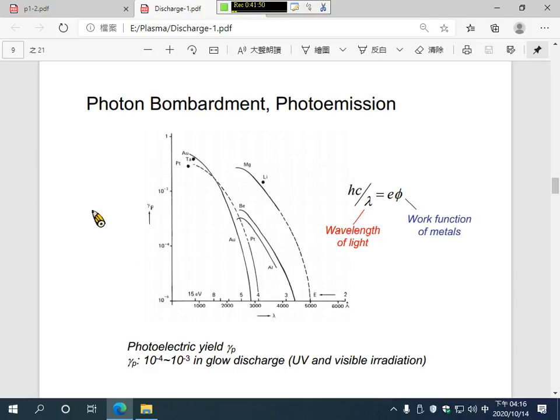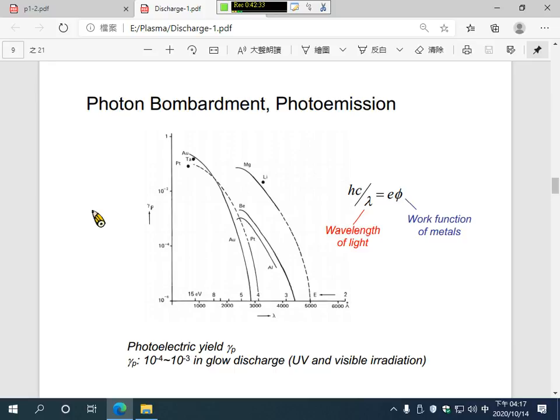Okay. And the last one is secondary electron emission by photon bombardment or by photo irradiation. This kind of electron emission has a name, photon emission. When you irradiate a piece of material with photons, the surface of the material can emit electrons.